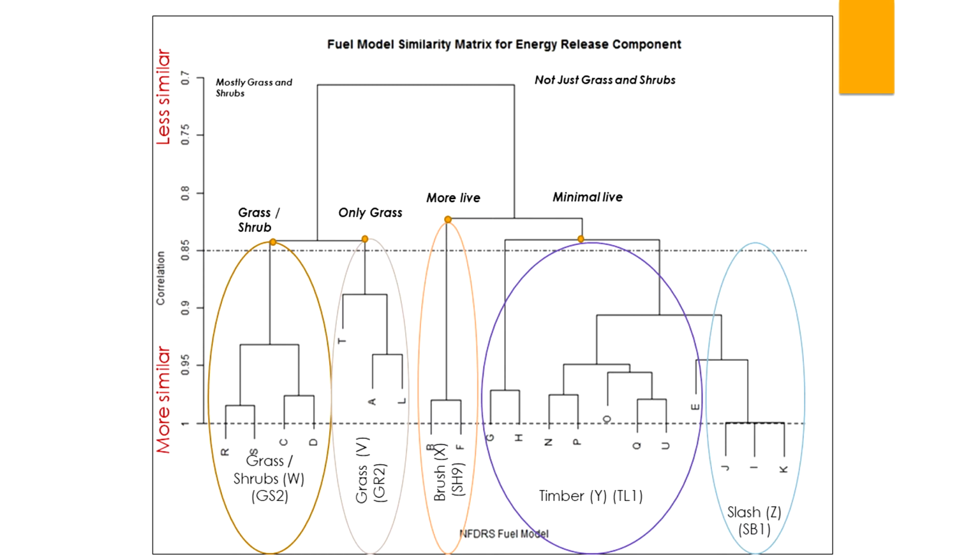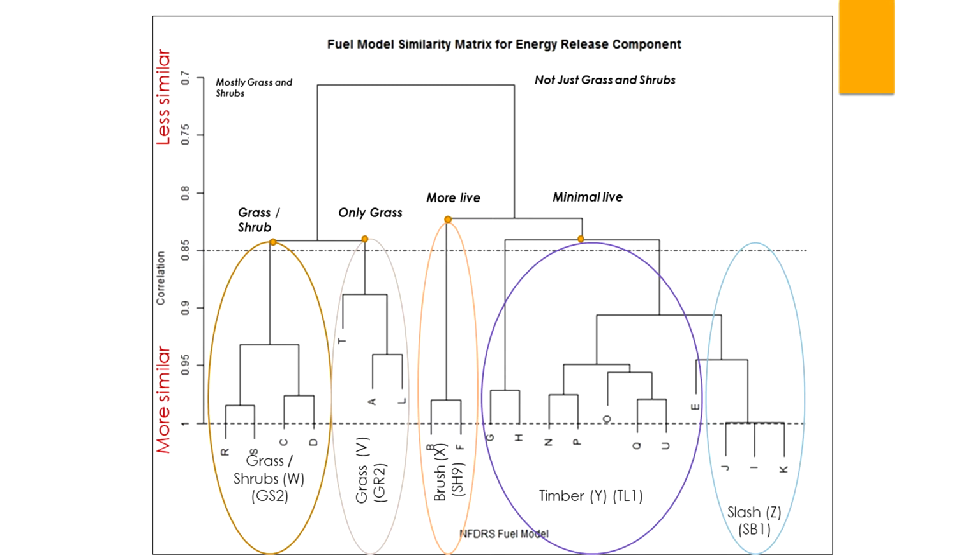The farther you go up in these lines, the less similar the groups get. But what you see over here is that these grass and shrub models cluster together, and 0.85 is the magic cutoff for not being correlated with each other, basically being independent.